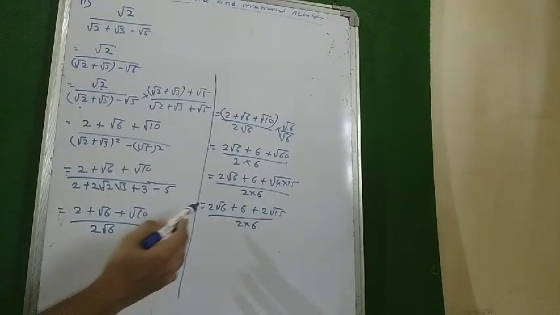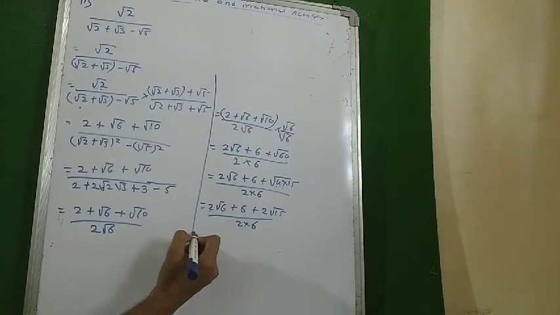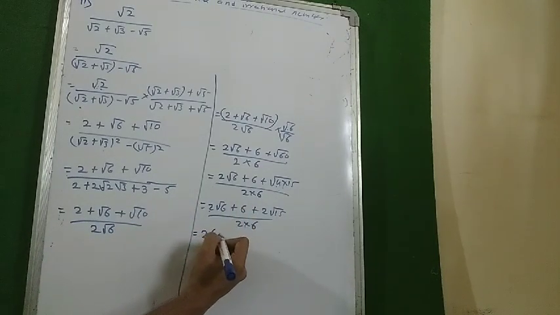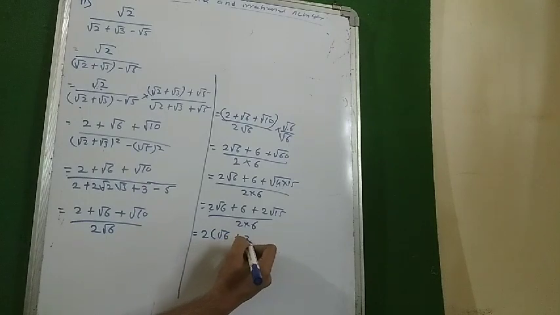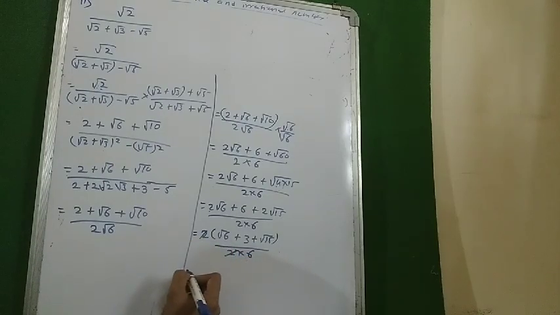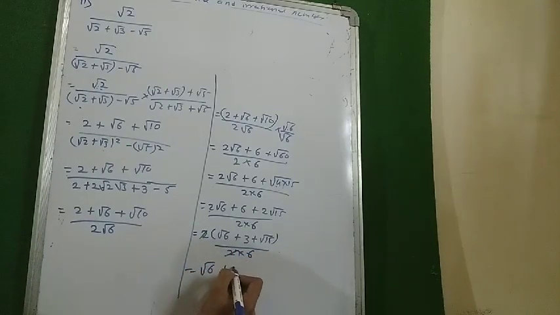I can say that each and every term is a multiple of 2. After taking 2 common, we have root 6, 2 3s are 6, 2 goes outside, we have square root of 15 upon 2 into 6. So 2 gets cancelled. So the final answer is root 6 plus 3 plus square root of 15 upon 6. So this is your final answer for sum number 11.